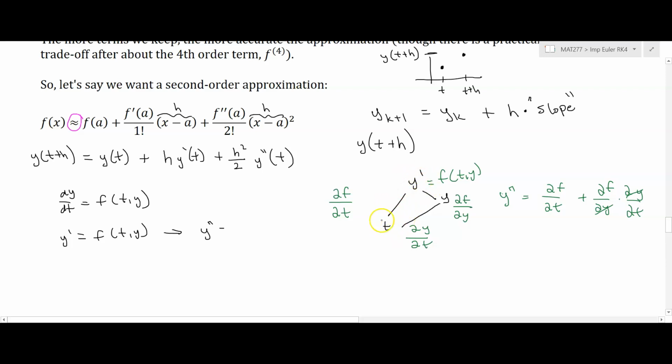It changes from a change in t as well as from a change in y. Another way we could write this is y double prime equals f sub t of t and y plus f sub y of t and y multiplied by dy dt, which is just y prime.